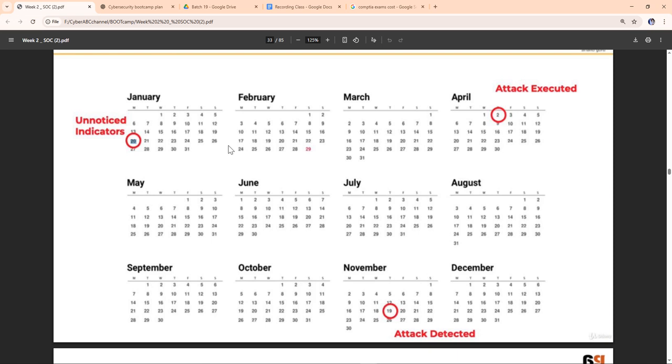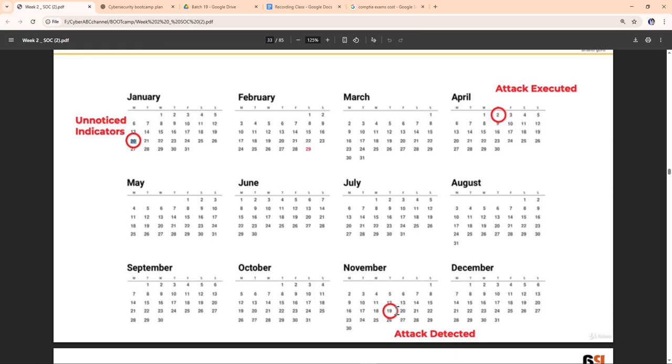He sent those letters from January, February, March, April. Then he executed the attack in mid-April. From April down to November, nobody detected the attack. The attack had happened and nobody detected it.